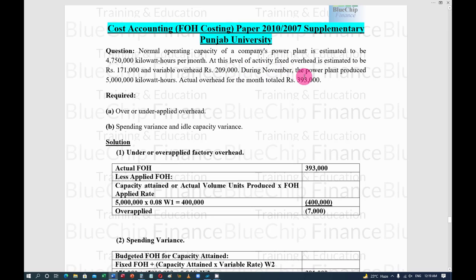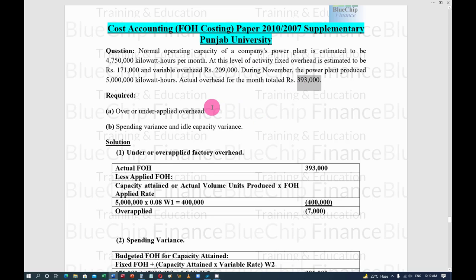During November, the power plant produced 50 lakh kilowatt hours, that is actual capacity, and your actual FOH for the month totals 393,000. So that is all about the data.